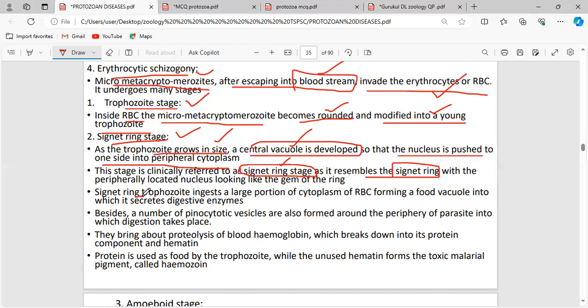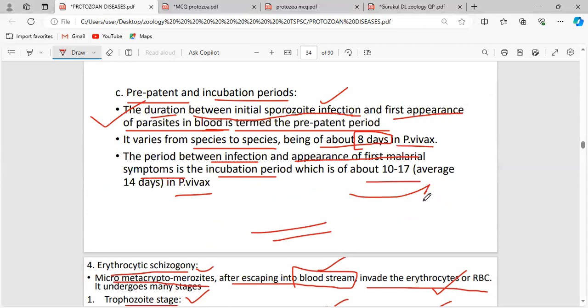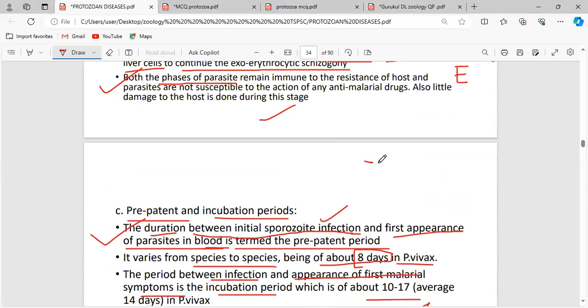Now this signet ring trophozoite ingests a larger portion of the cytoplasm of the RBC, as I explained yesterday. It needs a larger space of the RBC. This is the biconcave structure of the RBC.